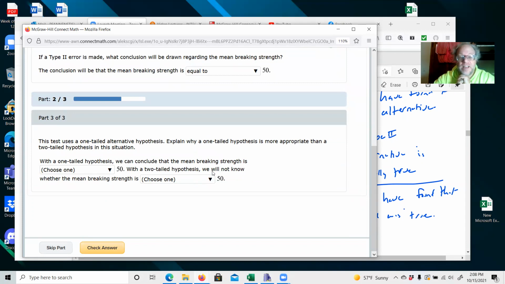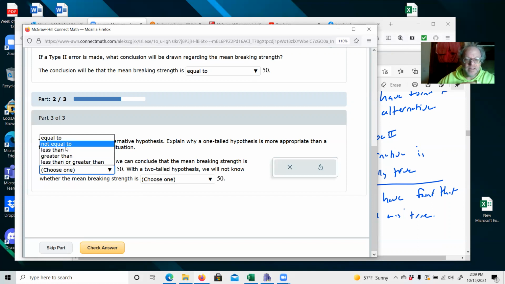This test uses a one-sided alternative hypothesis. Explain why a one-sided hypothesis is more appropriate than a two-sided hypothesis in the situation. I hate this scenario because again, nobody complains that the tension is going to be too low. With a one-tailed hypothesis, we can conclude that the mean breaking strength is equal to 50.